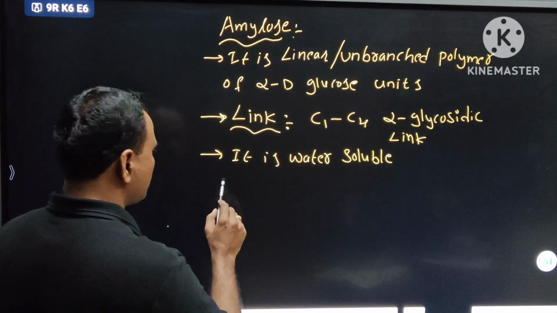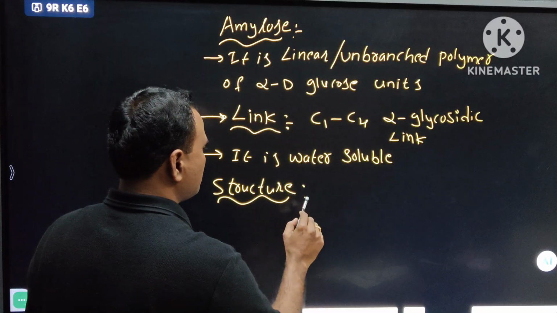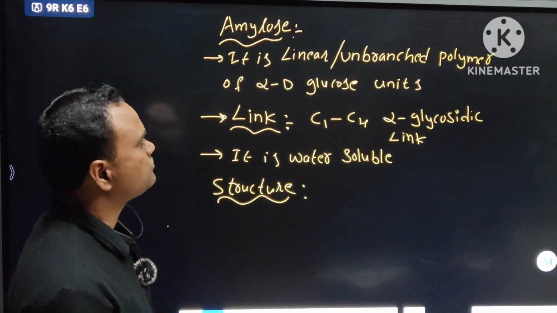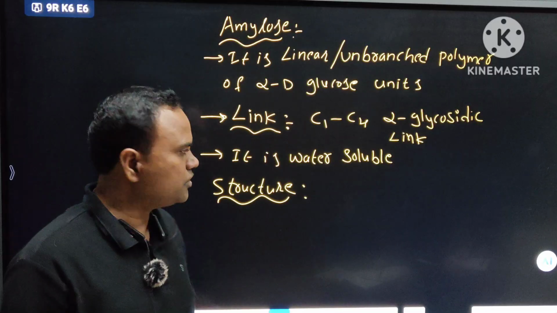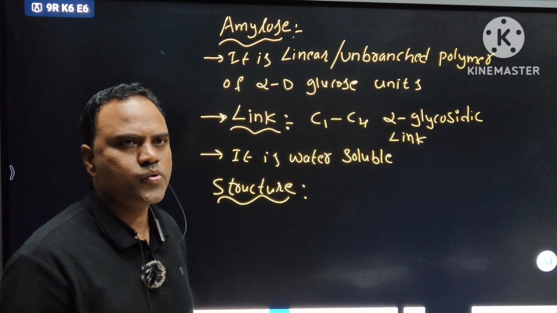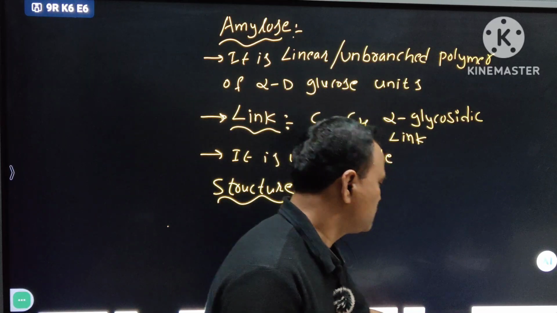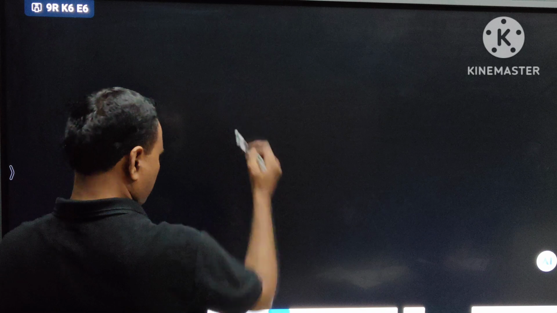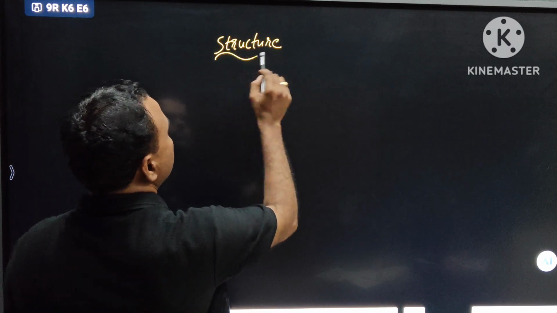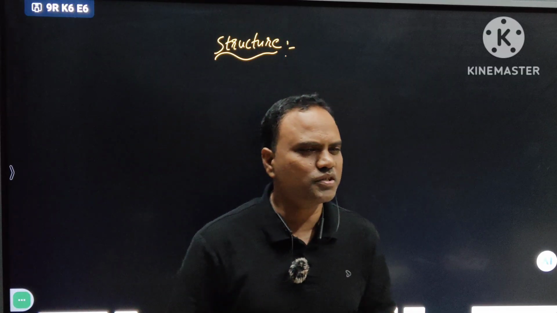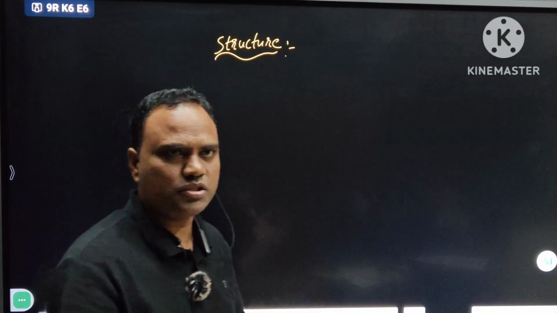Right. Structure. Keep reading structure. Take a screenshot, I will give it to you separately. Draw the structure separately. Structure is very easy. We know the glucose structure, the glucose pyranose ring structure.